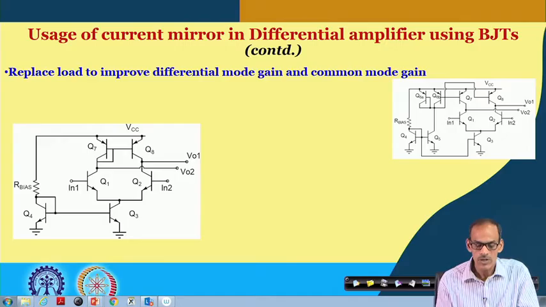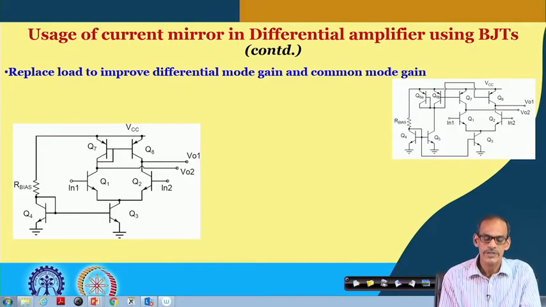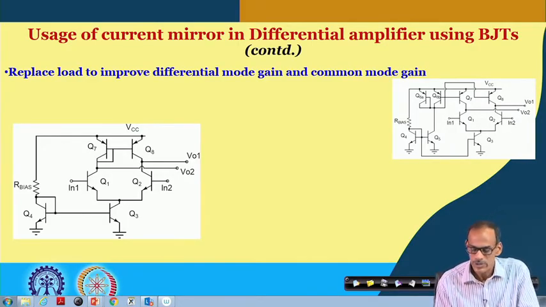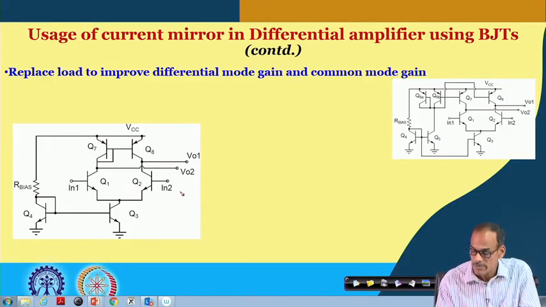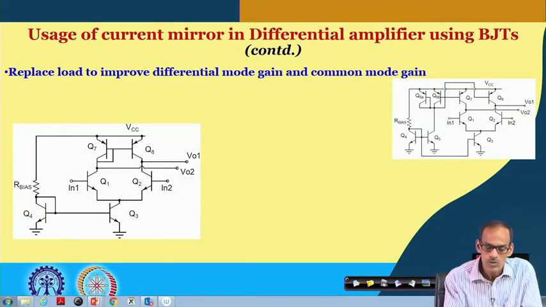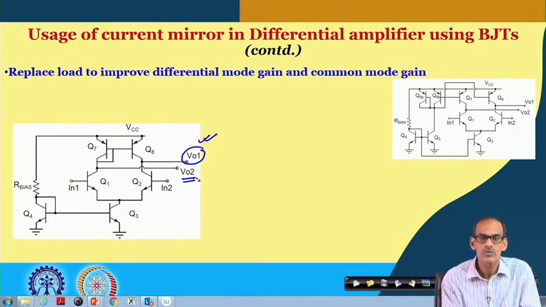In fact, it is not just for simplicity that this circuit is popular. In addition, it is also used to make the circuit differential to single ended. So, here we have most of the signal, whereas at this node we have hardly any signal.